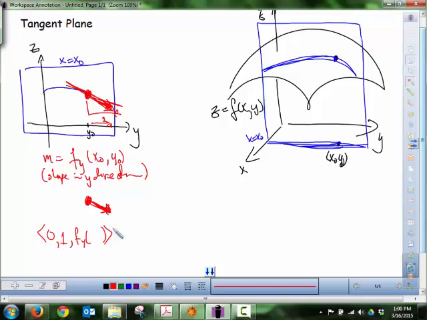So we want x naught, y naught, not 0, 1. That tells you the slope, and the slope is rise over run. So if we force the run to be 1, then the rise is going to be the slope itself.